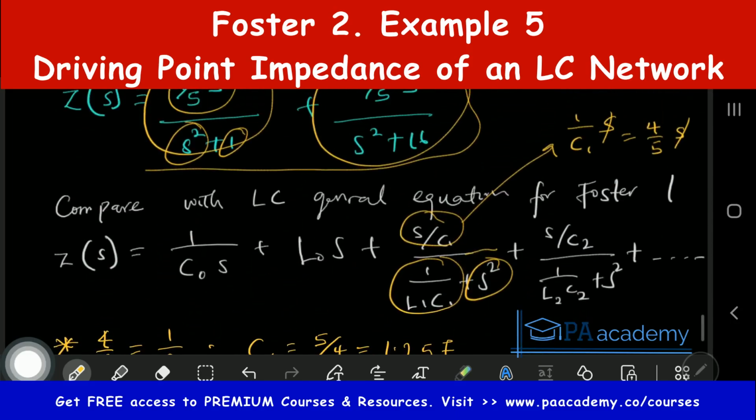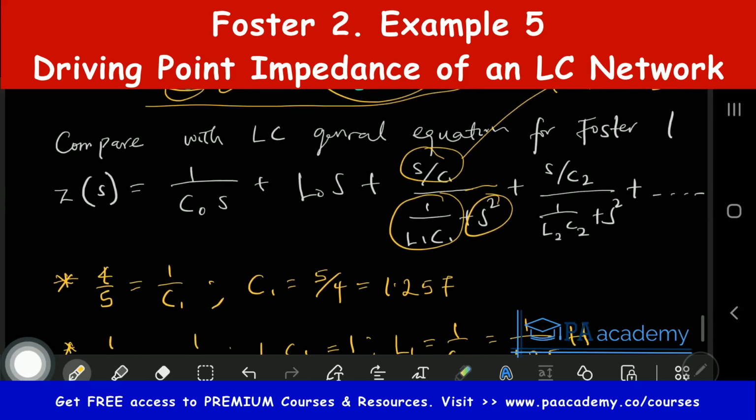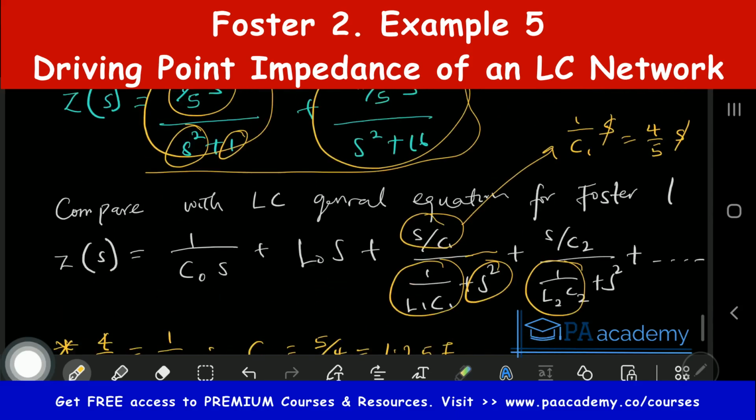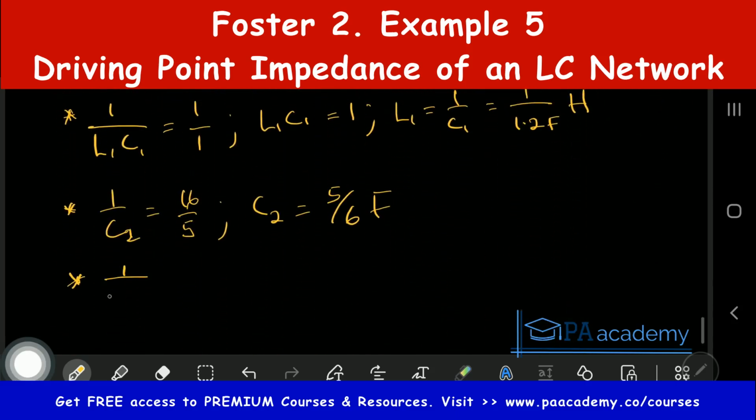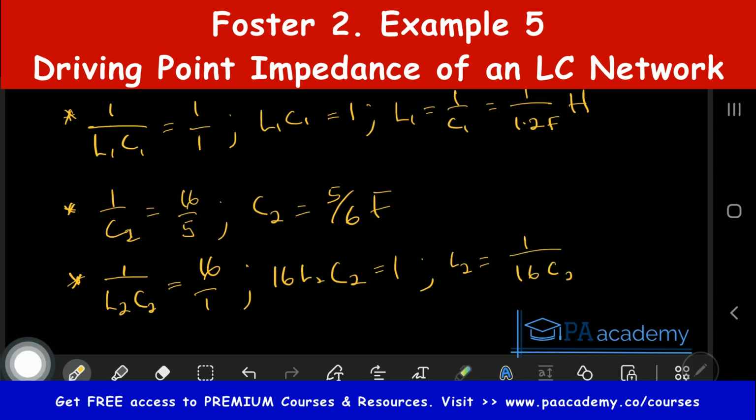Okay, so now we are going to do this for 1 over L2 C2 equals 16. So you're having 1 over L2 C2 equals 16, let's say over 1. If you cross multiply, we're having 16 L2 C2 equals 1. So our L2 will be equal to 1 over 16 C2.